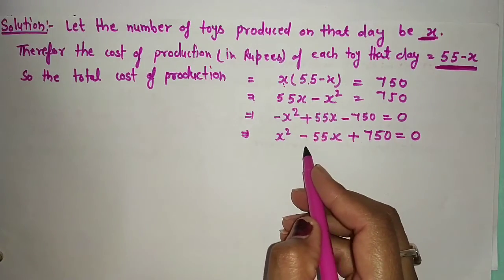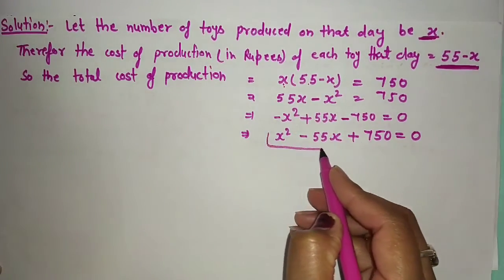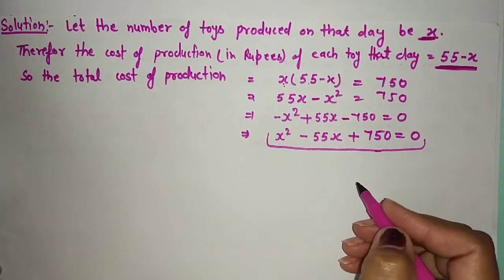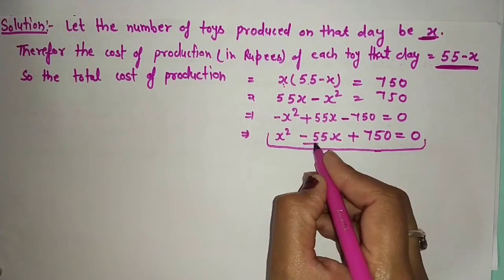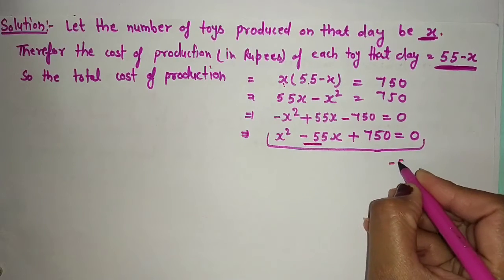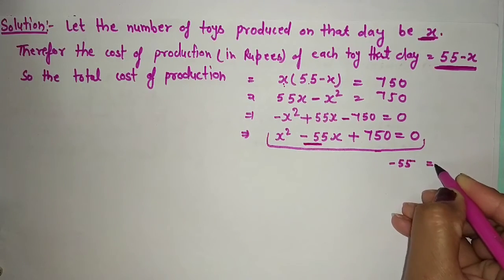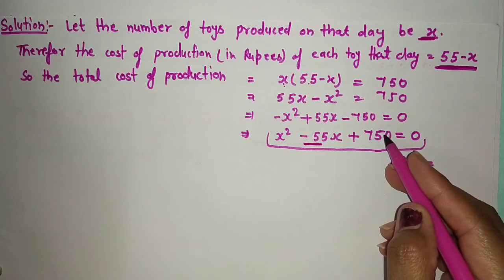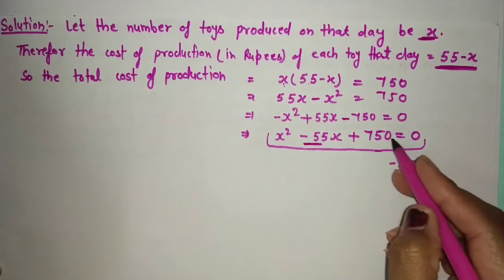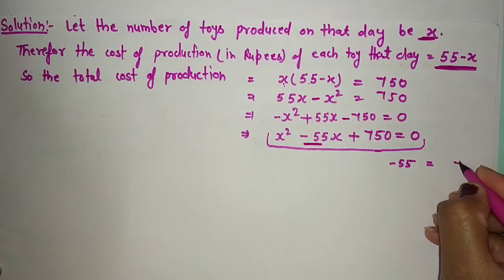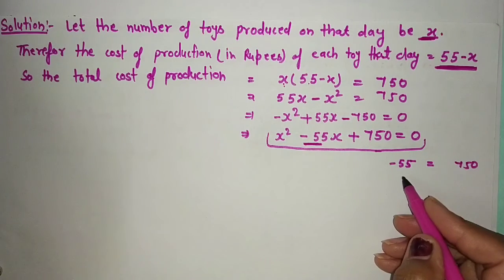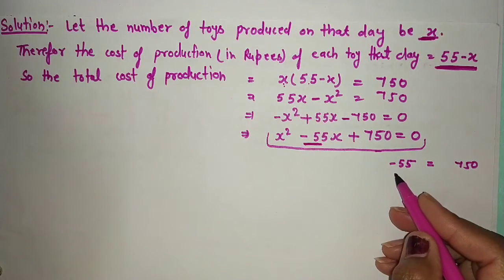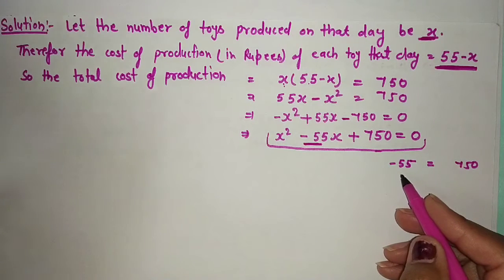For solving this quadratic equation by factorization method, we factor minus 55 such that the product of their factors will be 750 and the addition will be 55.